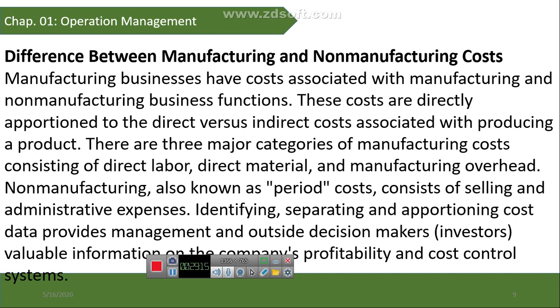It is not our job to study direct material and direct labor in detail, because you have studied this in cost accounting. This was only to show that in production we have both manufacturing and non-manufacturing cost.